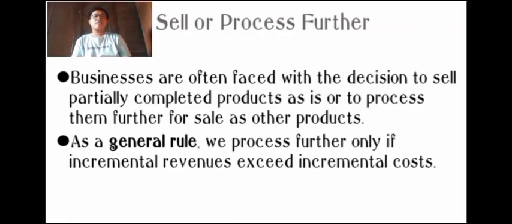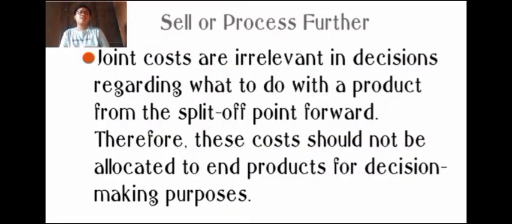Many products can be sold in an unfinished state or processed further into a finished product that will sell for a higher price. The decision to sell or process further should be based on incremental revenues and incremental costs. The costs of manufacturing the product up to the sell or process decision point are sunk and therefore irrelevant. In addition, joint costs are irrelevant in decisions regarding what to do with a product from the split off point forward.